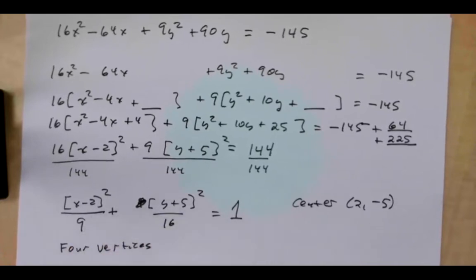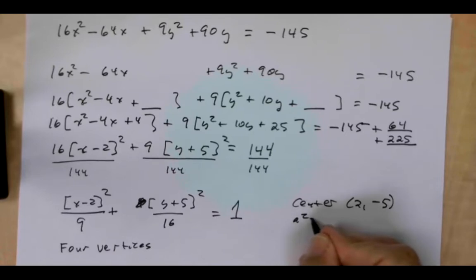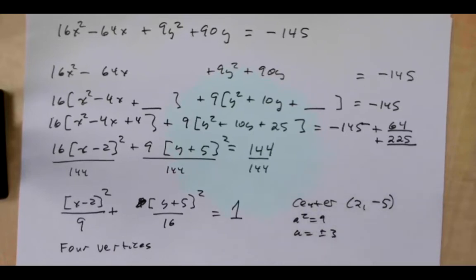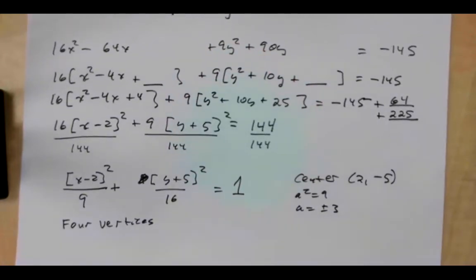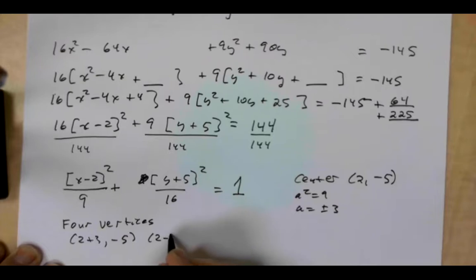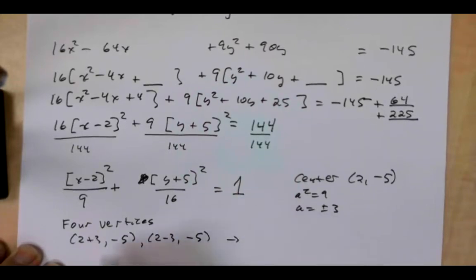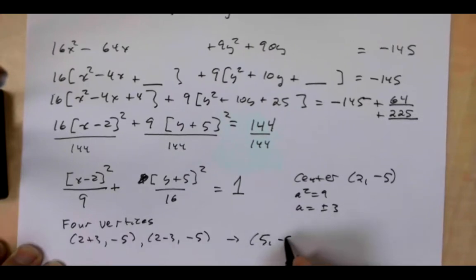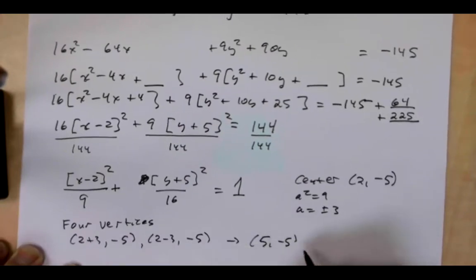A squared is 9, so a is 3, or plus or minus 3 if you prefer. So we're going 3 in the x direction. Going 3 in the x direction, what do I have? 2 plus 3, comma -5. 2 minus 3, comma -5. Which will yield what? 2 plus 3 is 5, -5. 2 minus 3 is -1, -5.